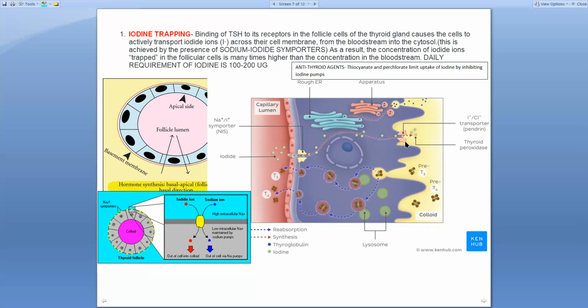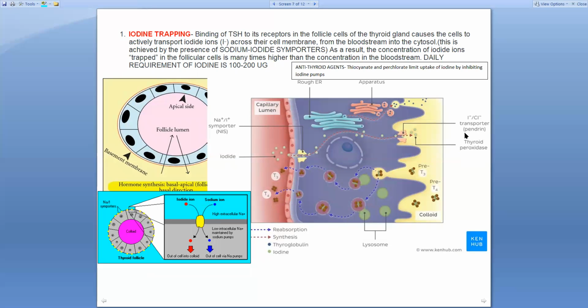There is one more protein present here, which is called the pendrin protein, and this is an iodide chloride transporter. So the entry of iodide into the follicle cells is controlled by the sodium ion symporter, and the exit of iodide from the follicular cell into the colloid is mediated by the iodide chloride transporter, which is called pendrin.